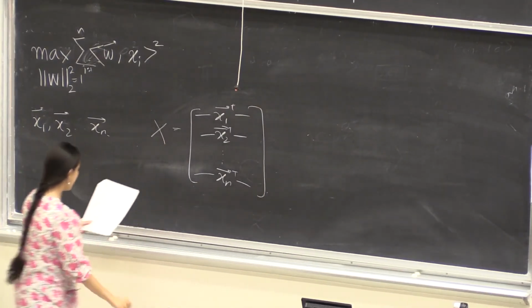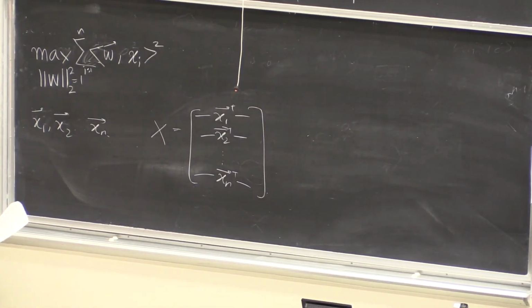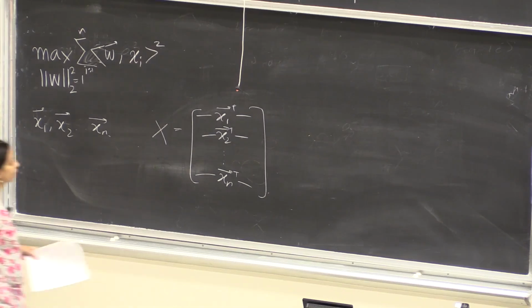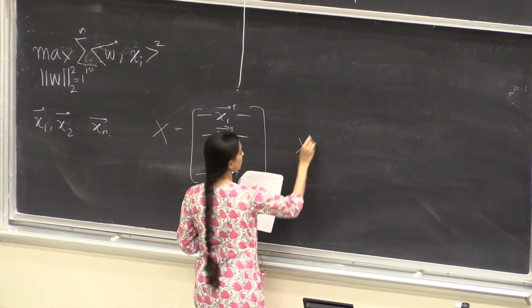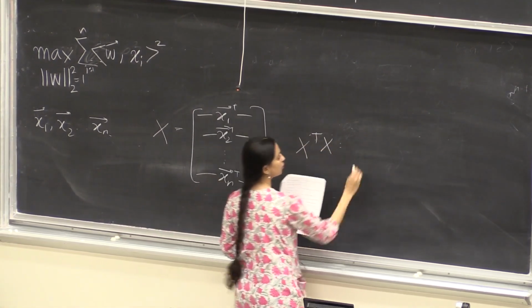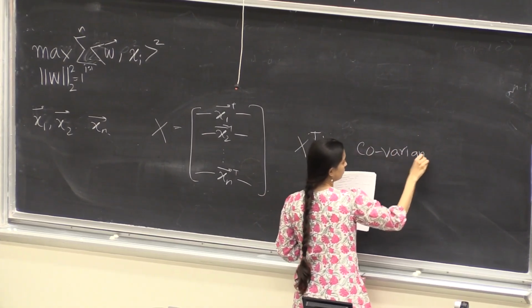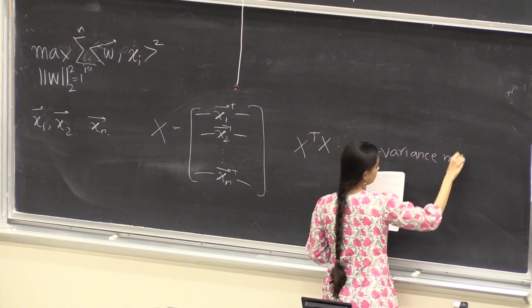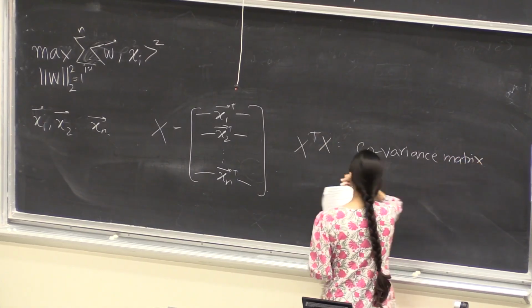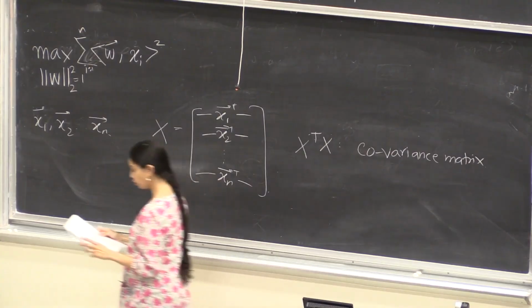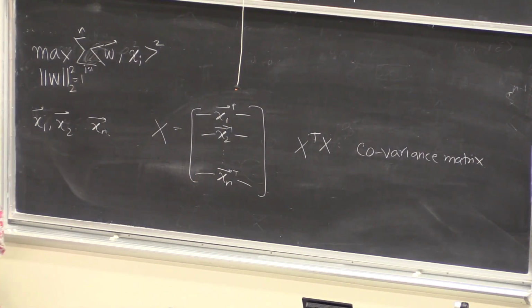A very important matrix often associated with data is the matrix X transpose X, which is called the covariance matrix. What's one thing you might notice about this X transpose X matrix?